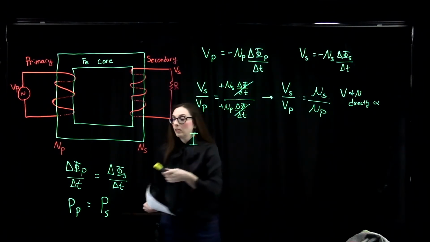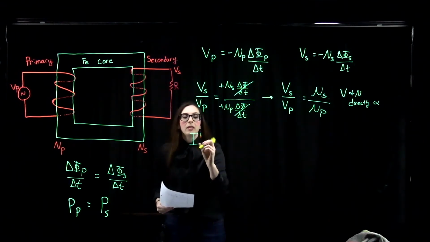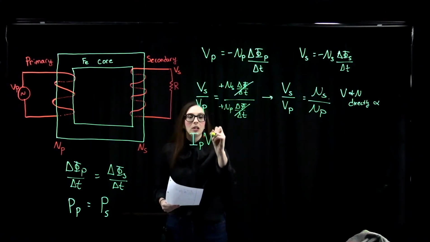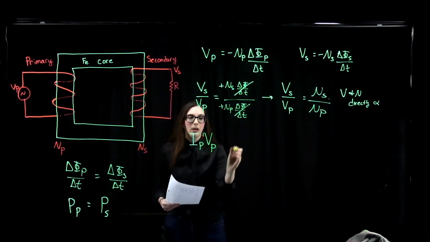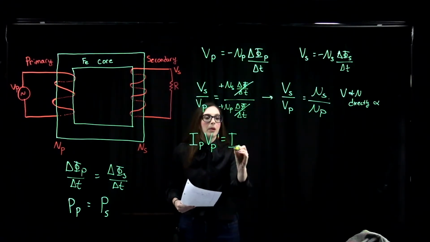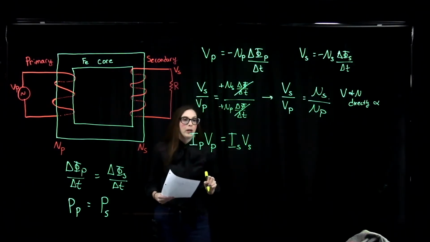So my primary input power will be the current of my primary times the voltage of my primary coil, and that has to equal the current output by my secondary coil times the voltage output by my secondary coil.